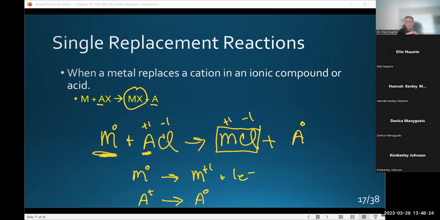If A was the converse of that, if A was a lot more stable and more reactive than M, then there wouldn't be any reaction. And how do we determine that reactivity? Well, we use a scale.